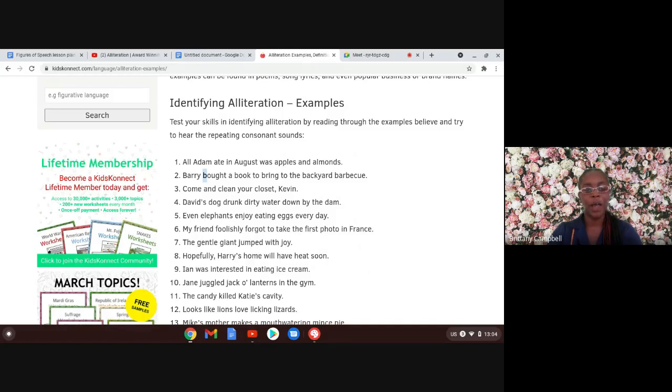All right, number 4. So David's dog drank dirty water down by the dam.